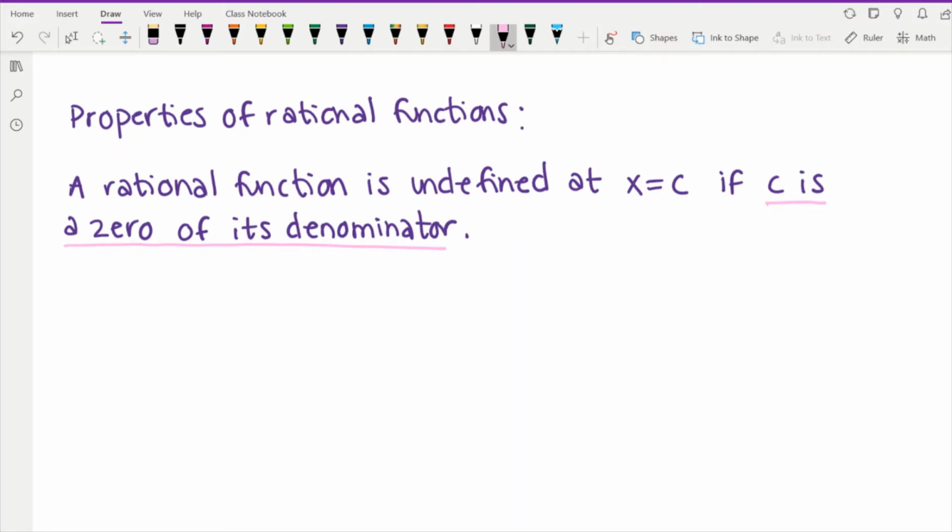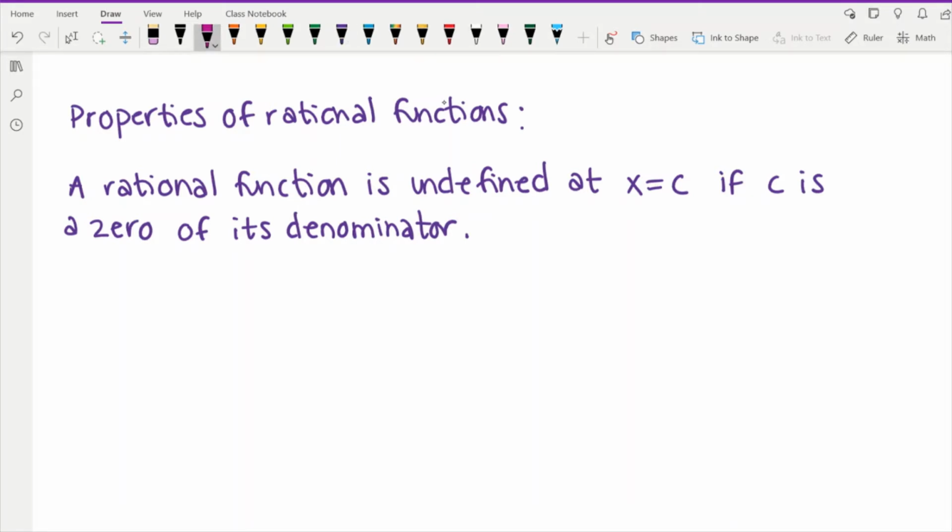I'm saying c is a 0 of the denominator, but that's just another way of saying that it's a number that makes the denominator 0. But if we use this language from polynomials, we'll find that it just helps us say some things a little bit more clearly.